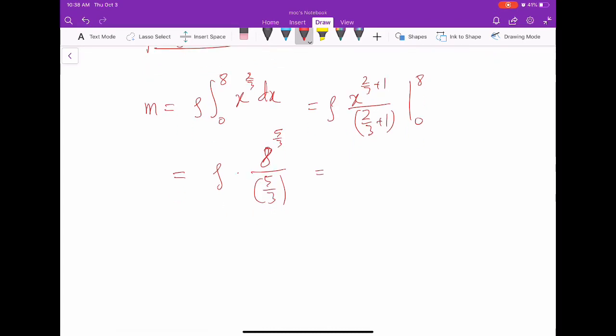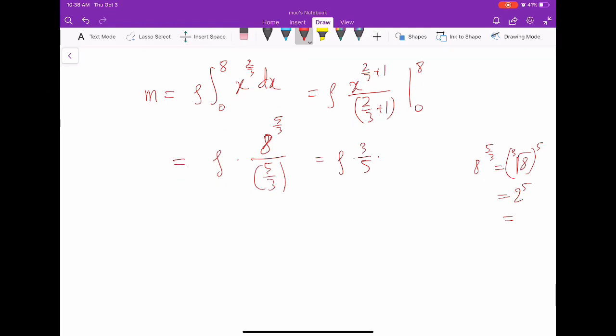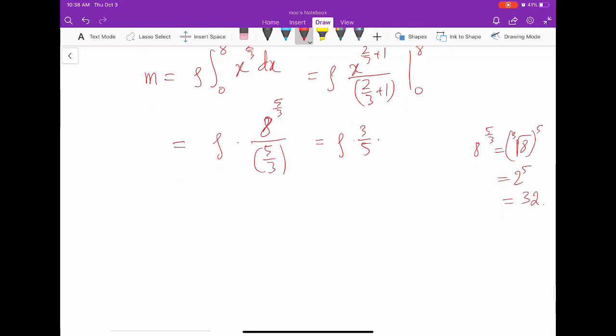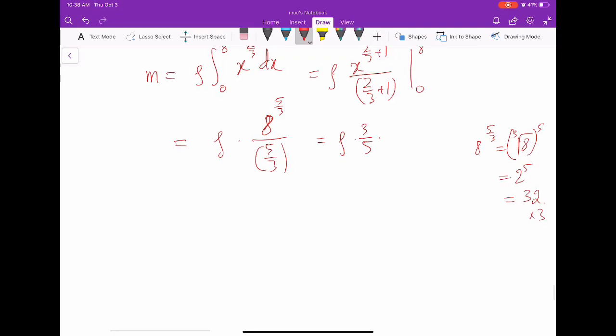That is equal to rho 3 over 5. And what is 8 to 5 over 3? That is cube root of 8 to the power 5. So that is 2 to the power 5, that is 32, right? 32 times 3 is 96 over 5 rho. Alright, so that is the mass of the lamina.